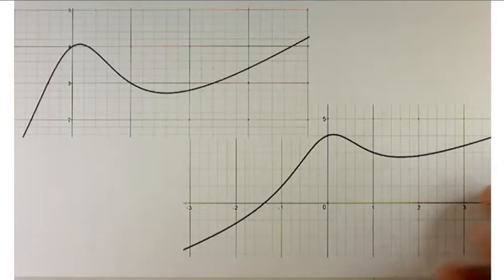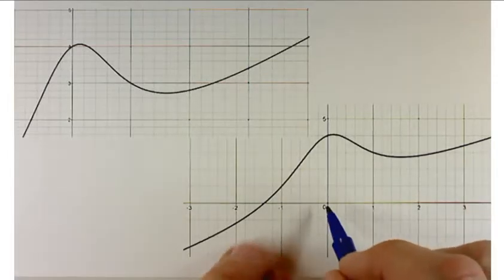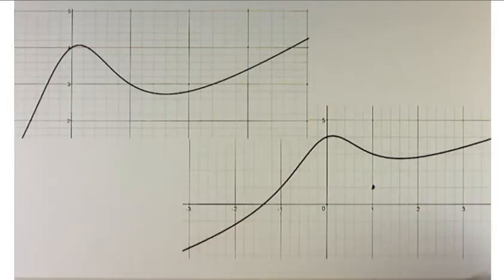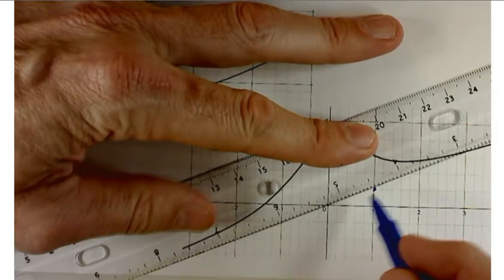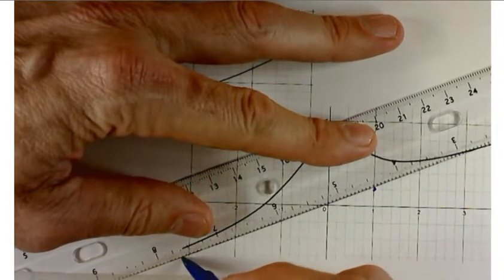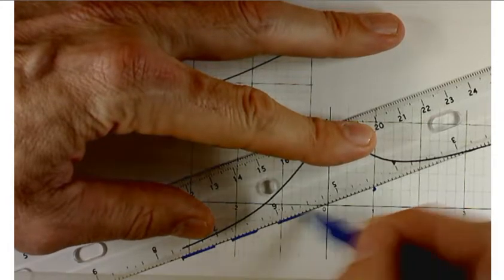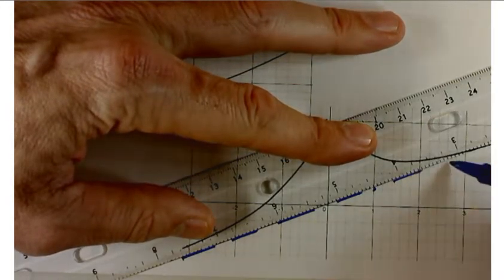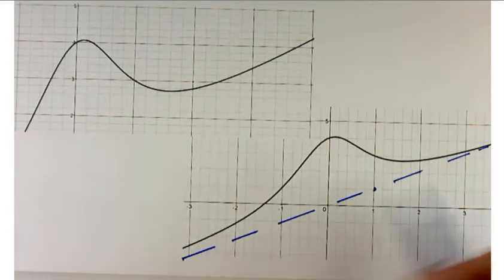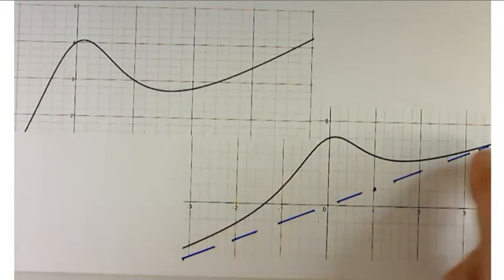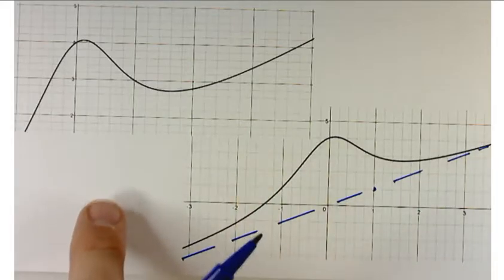It'd be along this line here. So along this, this function is going to eventually get close to the line y equals x.